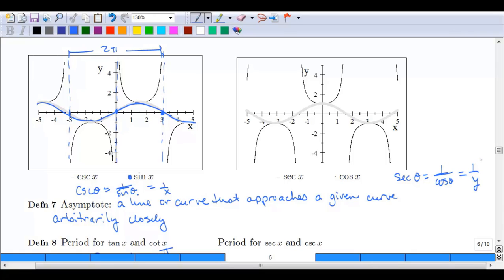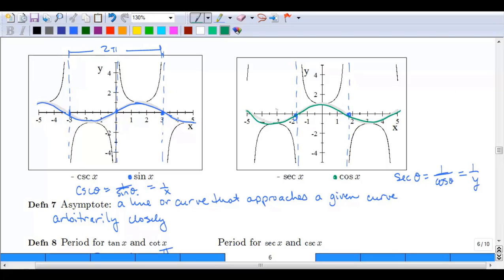So anywhere that y value on the unit circle was 0, that's going to correlate to the points where our cosine graph is crossing, and that is going to cause us an asymptote. You can see they have the exact same shape, they're just shifted. Same thing that we had before with sine and cosine. I'll draw this cosine function in a little bit better for you.